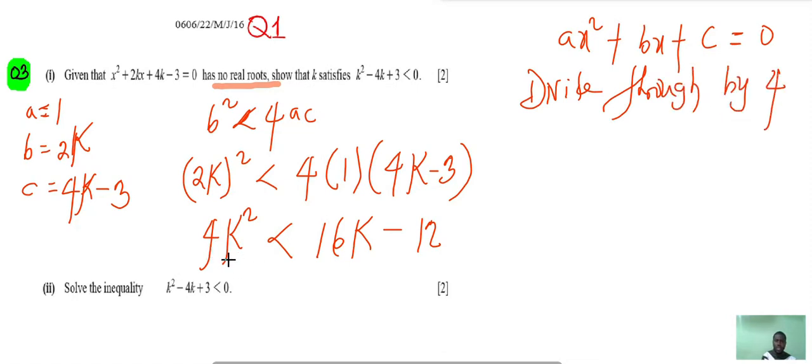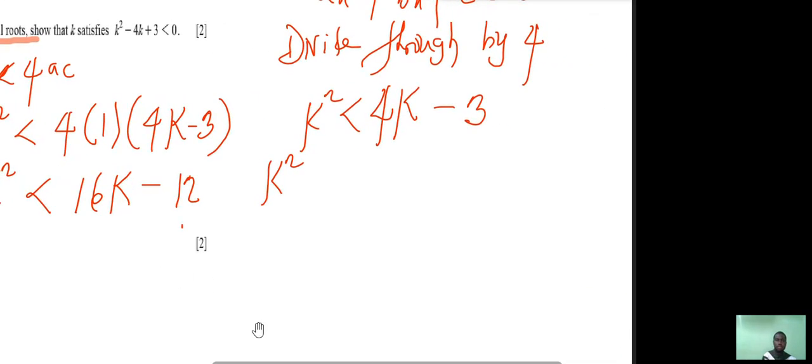So 4k squared divided by 4 is obviously k squared, less than 16k divided by 4, that's 4k, minus 12 divided by 4, that's 3. So transfer all to the left: k squared minus 4k plus 3. When you transfer them to the left, the sign changes, from normal mathematics rules.